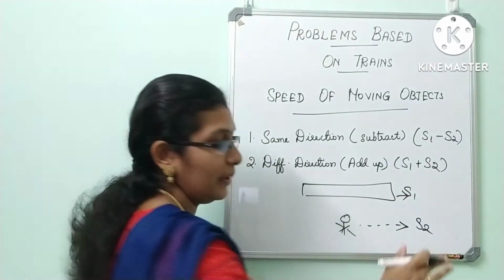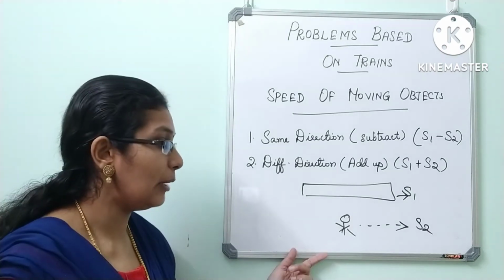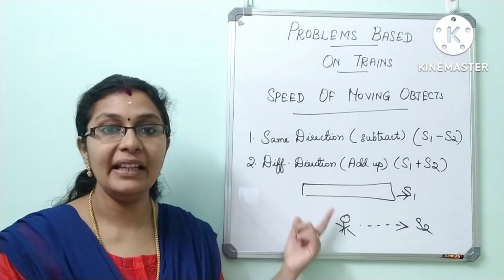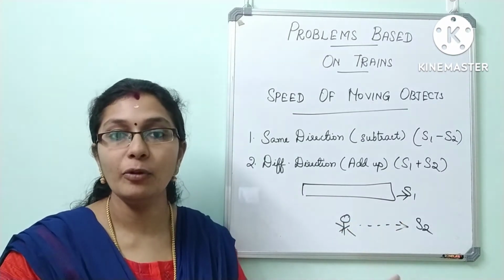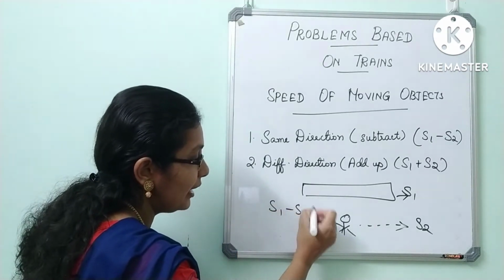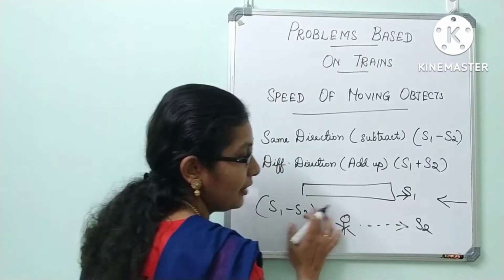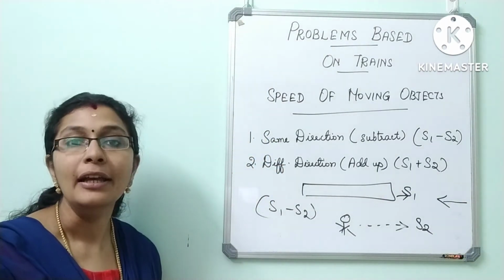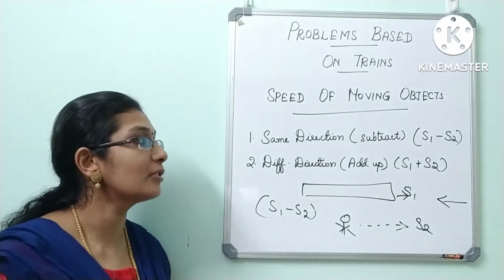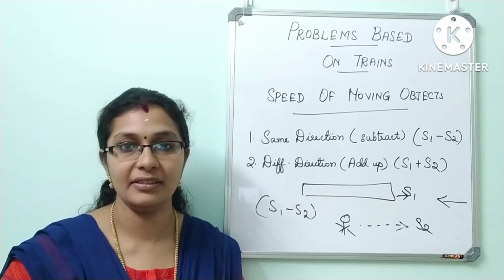He is moving with the speed of S2. So how will you consider speed here? You will have to consider the speed by seeing the direction. If they are moving in the same direction, you will subtract their speed, and if they are moving in opposite directions, suppose a man is coming in this direction and the train is moving in this direction, you will add up their speed. This concept we have already seen in the relative speed concept in the time, speed and distance topic.